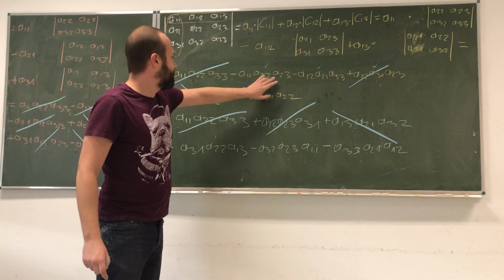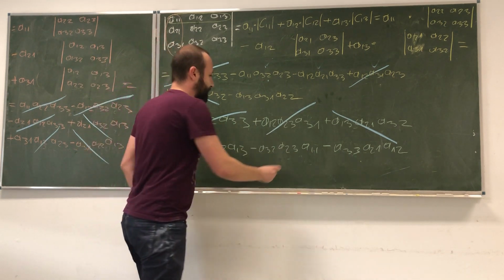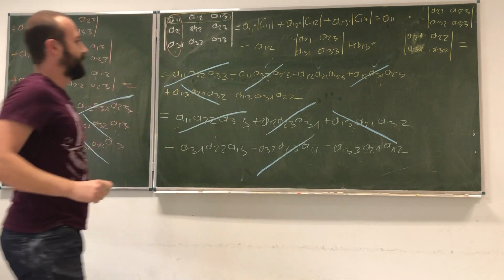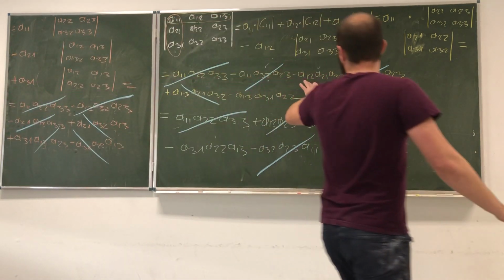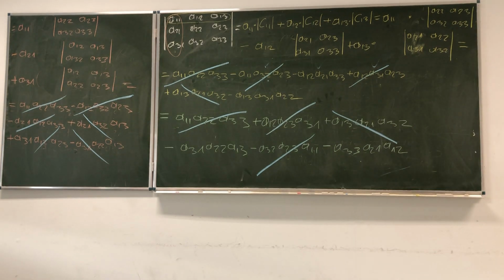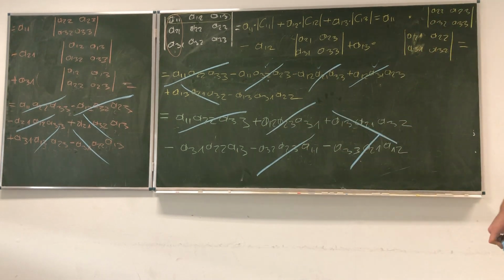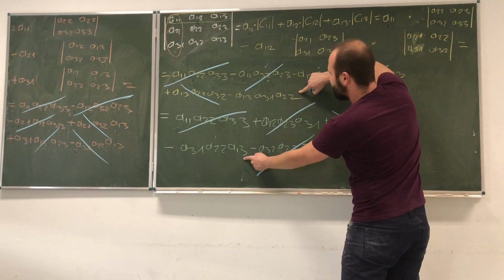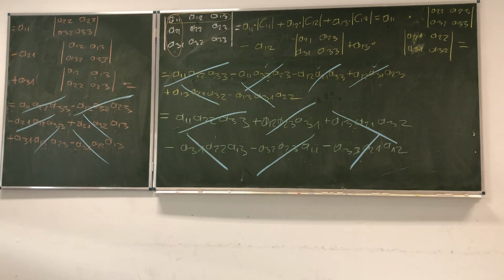A11, A32, A23, A11, A23, A32. Those are the same. Then we see here that we've got negative A12, A21, A33, and we got it here. And finally, you can see that also those two expressions are identical.